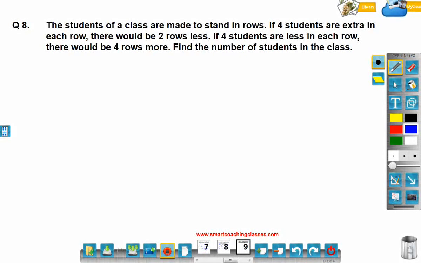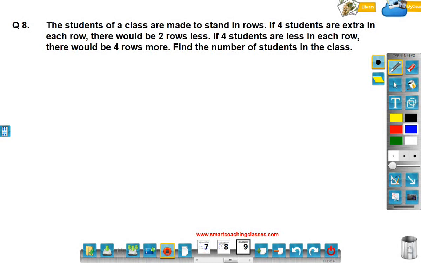So it's basically a question based on arrangement. The key point here is that the total number of students in the class remains fixed. All the arrangements that we are doing are with the same number of students. The number of students remains constant. So you have to remember this part.